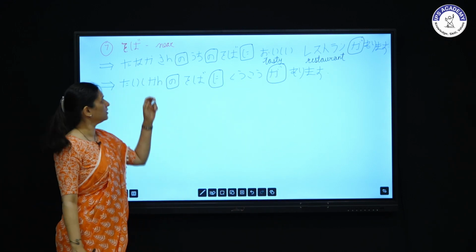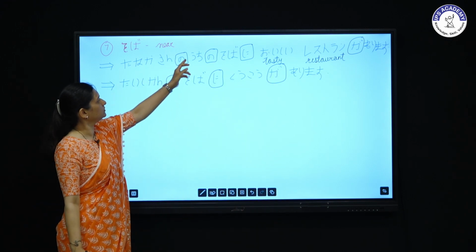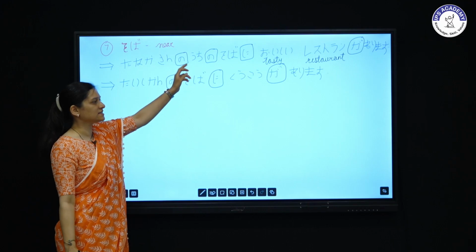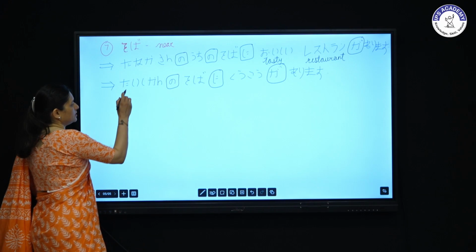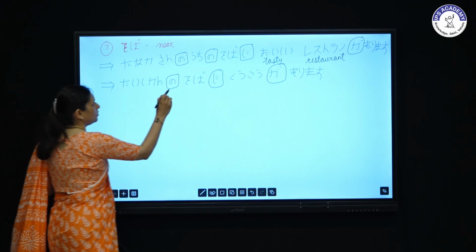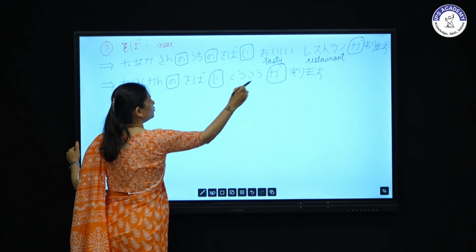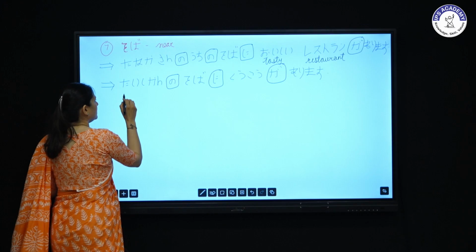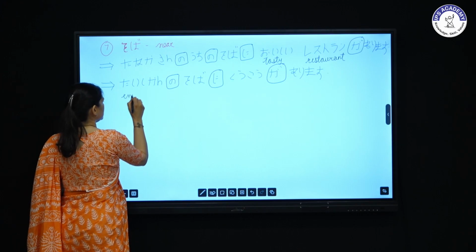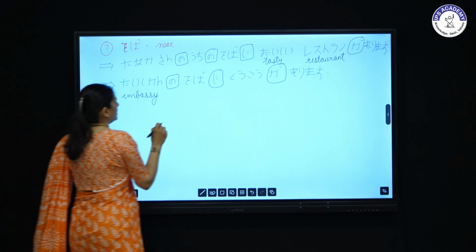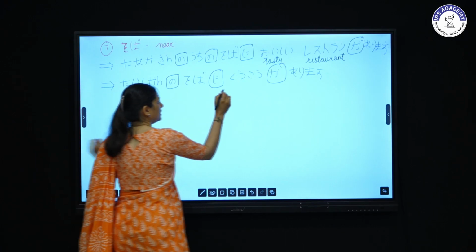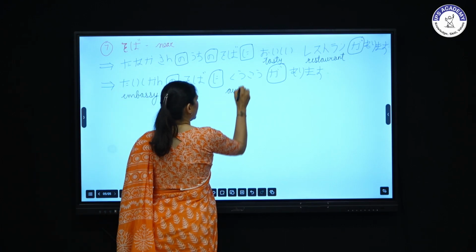Yes, I hope the usage of no particle here is clear. Yes. Second is Taishikan no soba ni kuukou ga arimasu. Taishikan is embassy. एम्बेसी के पास में एयरपोर्ट है.